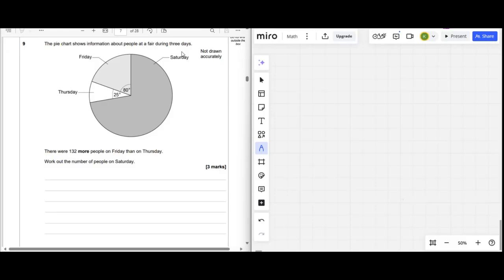Okay. So let's say that X is the total number of people at a fair.